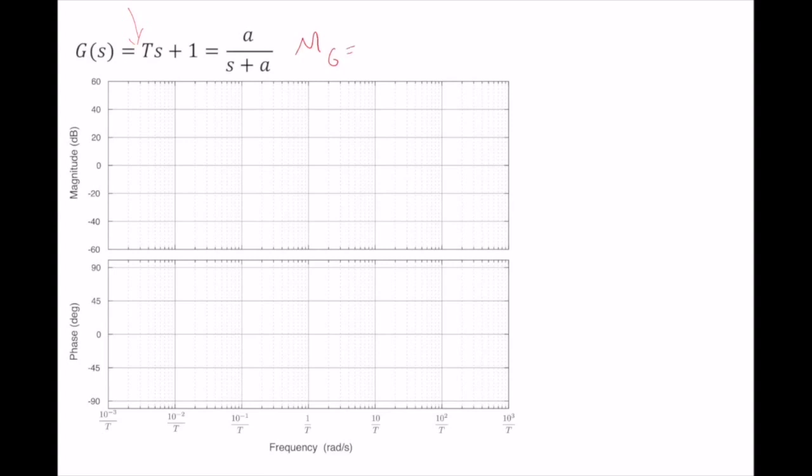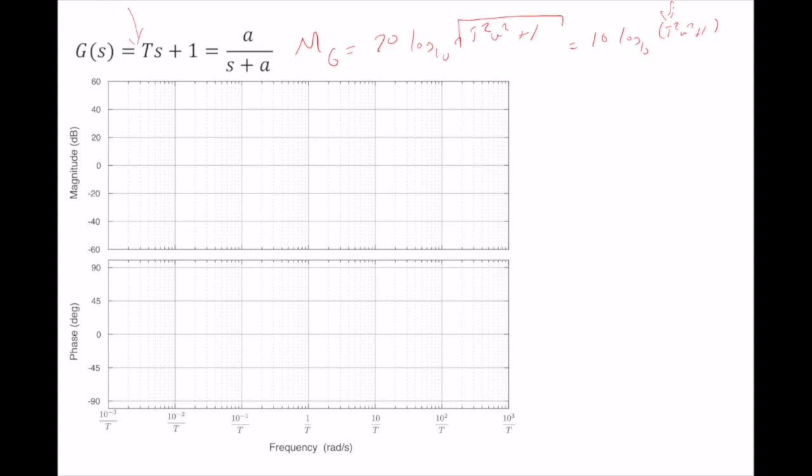The magnitude for each omega is 20 log 10 of the square root of T squared omega squared plus 1. This is equal to 10 log 10 of T squared omega squared plus 1, which is very simple, but we only have a T. So what is the function of T? T times omega. In the frequency domain, we are technically scaling the frequency, but everything will be the same.